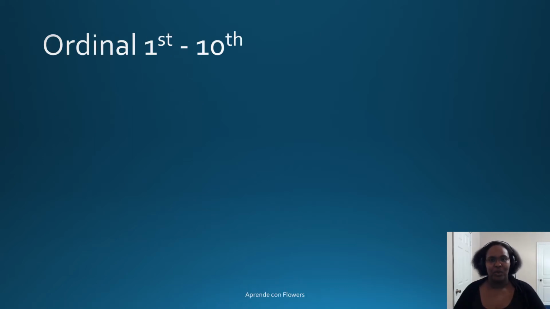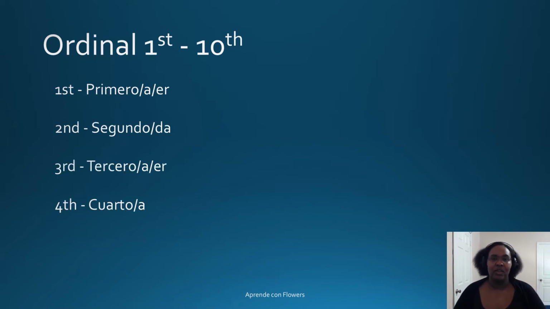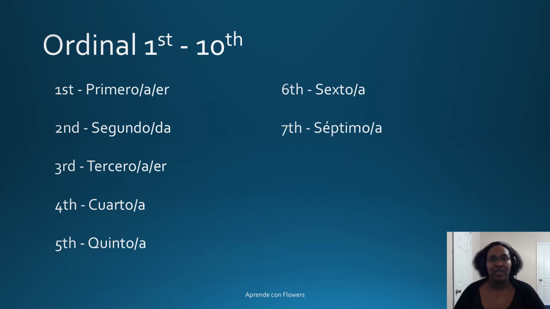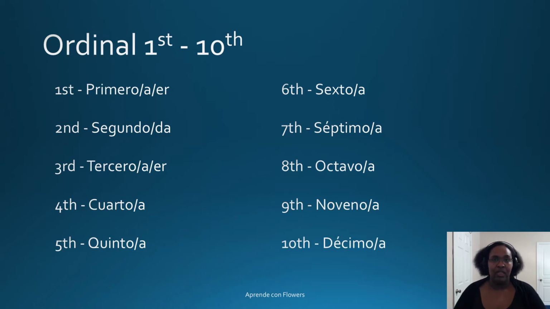Let's review some ordinal numbers. Remember that ordinal numbers, as regular cardinal numbers, also have to agree with the gender of the noun that they're describing. Keep that in mind. I'll just go over the most basic. Primero, segundo, tercero, cuarto, quinto, sexto, séptimo, octavo, noveno, décimo.